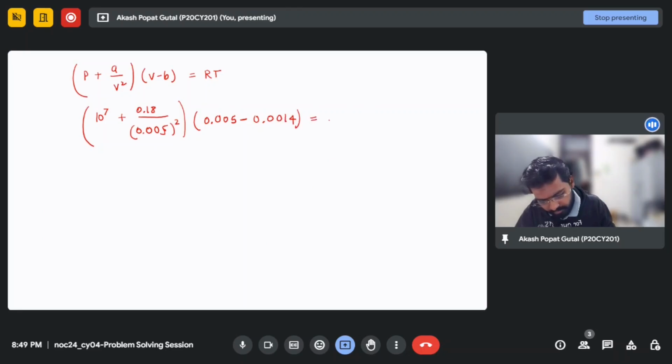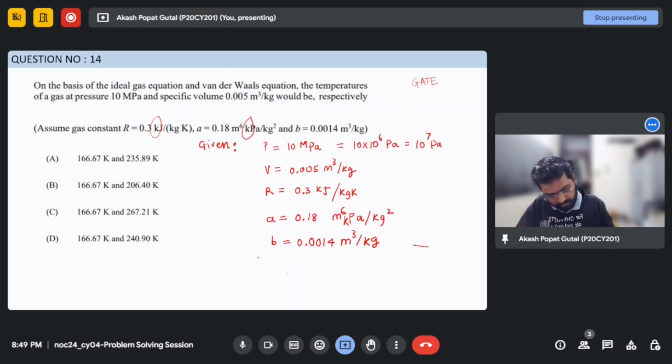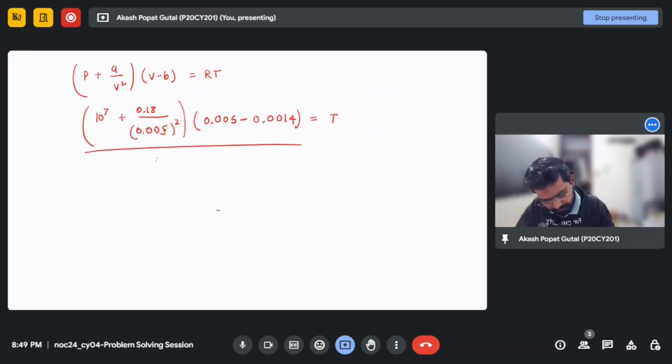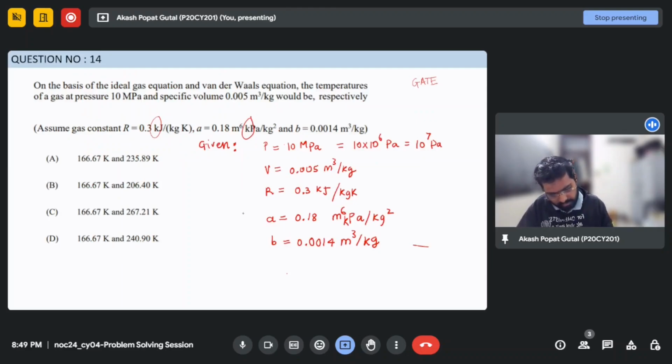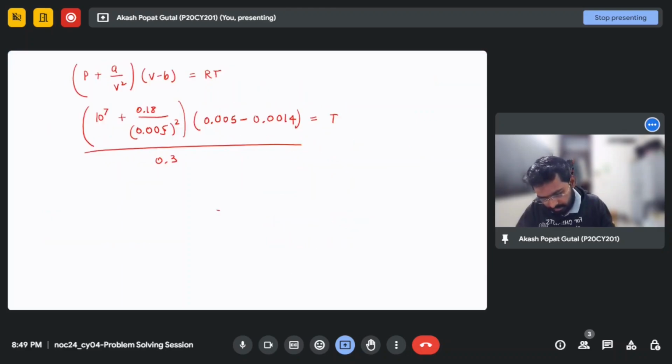Everything is given per kg, and R is 0.3. If you notice, it is in kilo, and this a value is also in kilo, means 10 raised to 3 into 10 raised to 3. So calculate it and you'll get the temperature.